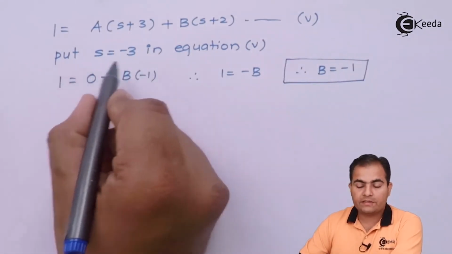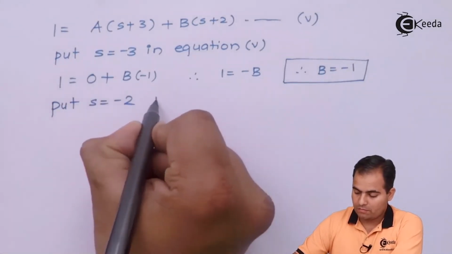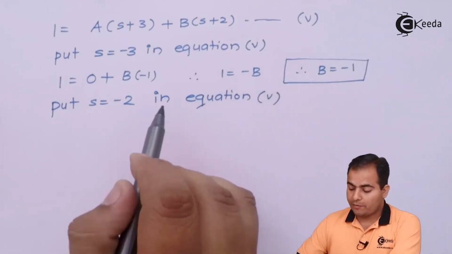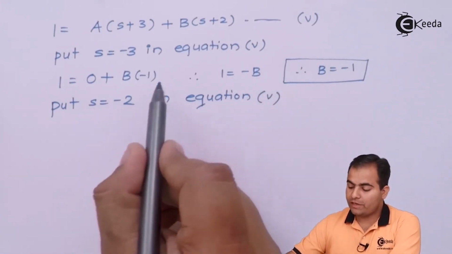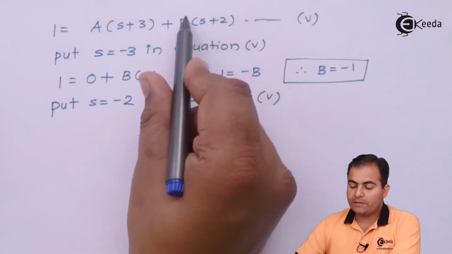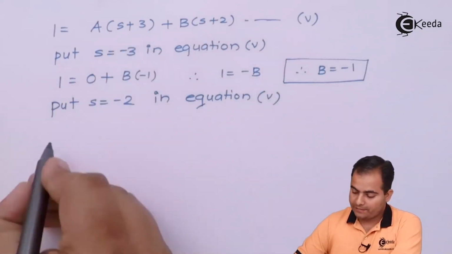Similarly, do the same thing for a also. I'm going to substitute s equals minus 2 in equation number 5, because if I substitute s equals minus 2, then this b bracket will become 0 and you will get only the value of a.